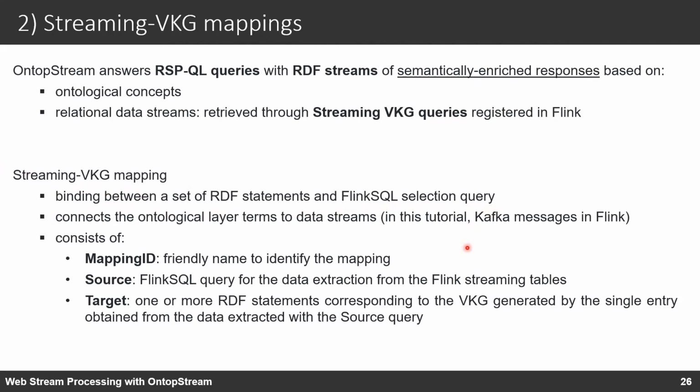So here the idea is that we create a set of mappings which are composed of three elements: a mapping ID, which is a friendly name; a source, which is the select field 1, field 2, field 3, etc. from the Flink dynamic table; and the target, which is the translation of this Flink SQL selection query into a set of RDF triples.